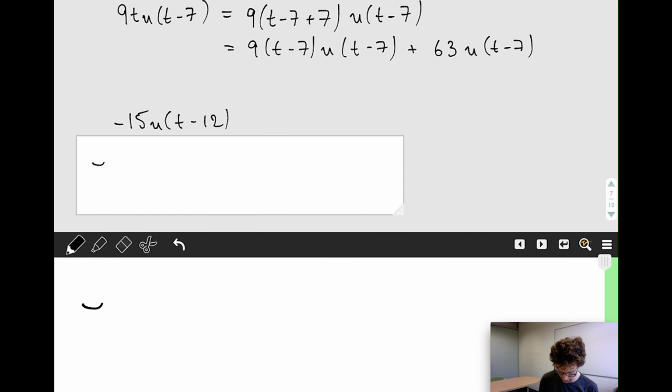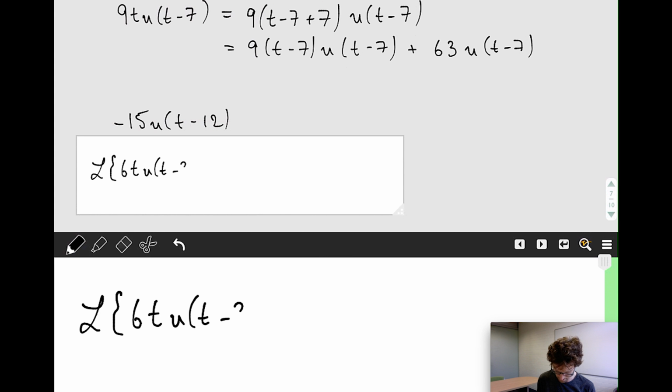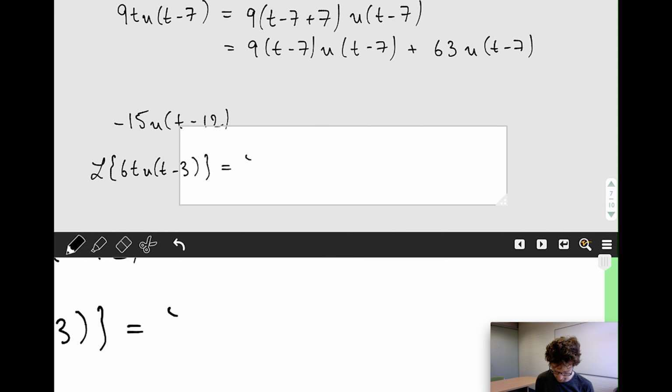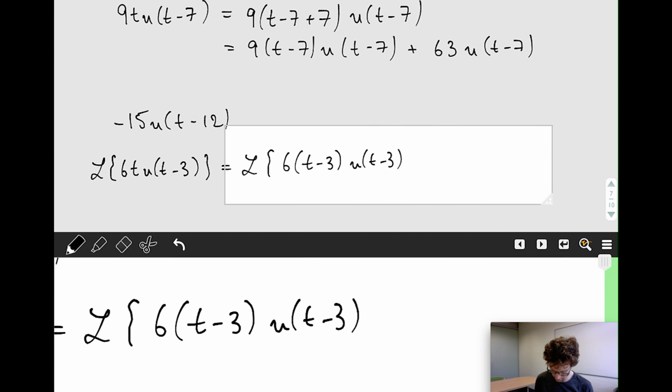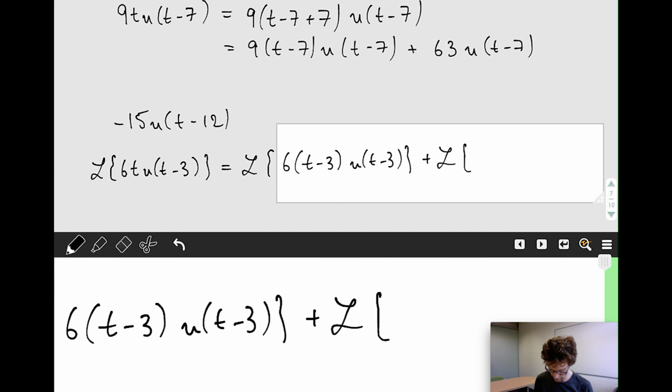We have the Laplace transform of 6t u of t minus 3, and we've seen that that equals the Laplace transform of 6 times t minus 3 u of t minus 3, plus the Laplace transform of 18 u of t minus 3.